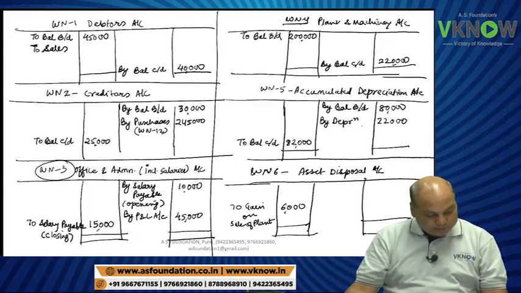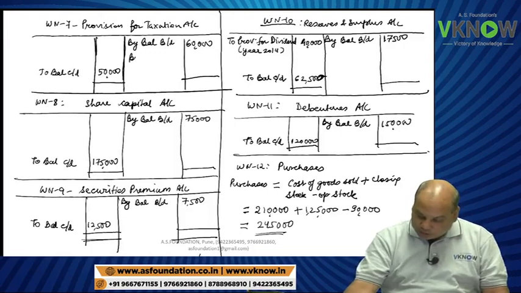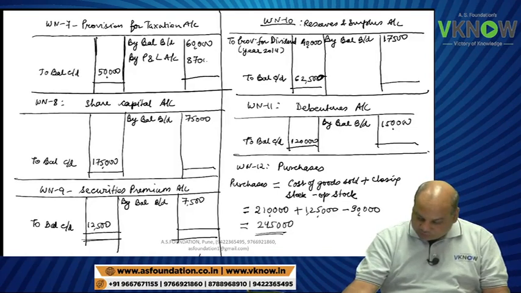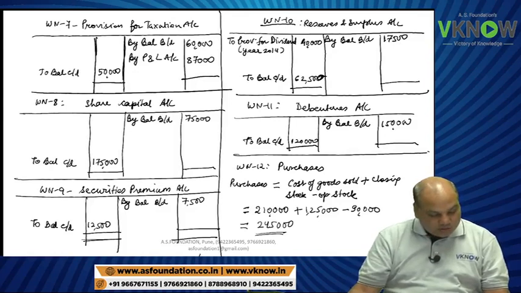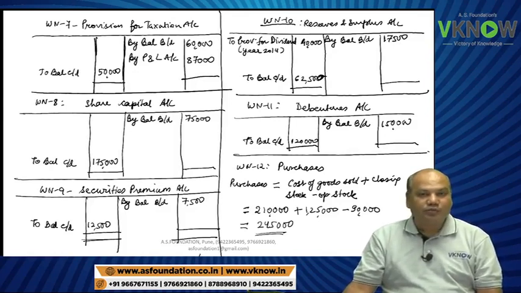Income tax. Income tax provision we have prepared. Income tax provision account credit side by P&L account, by P&L account 87,000. And the last item is net profit 1,05,000.